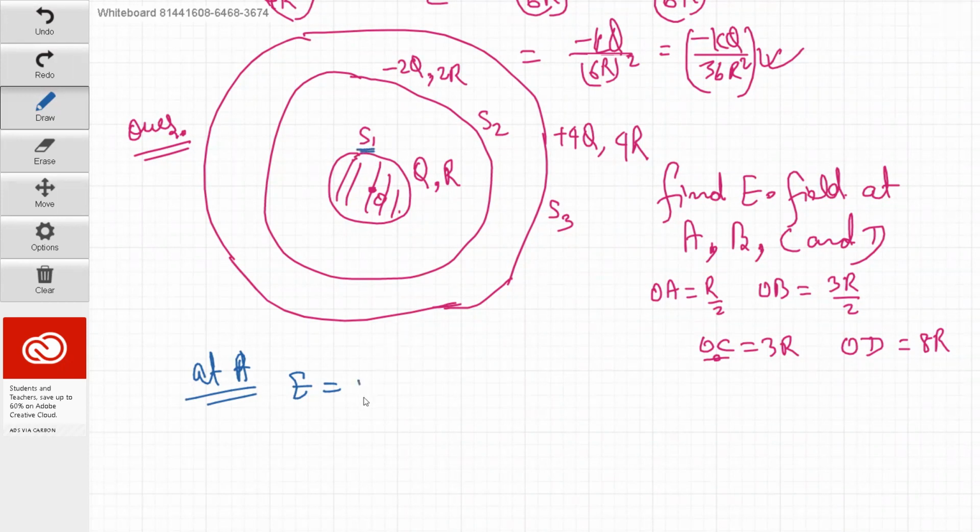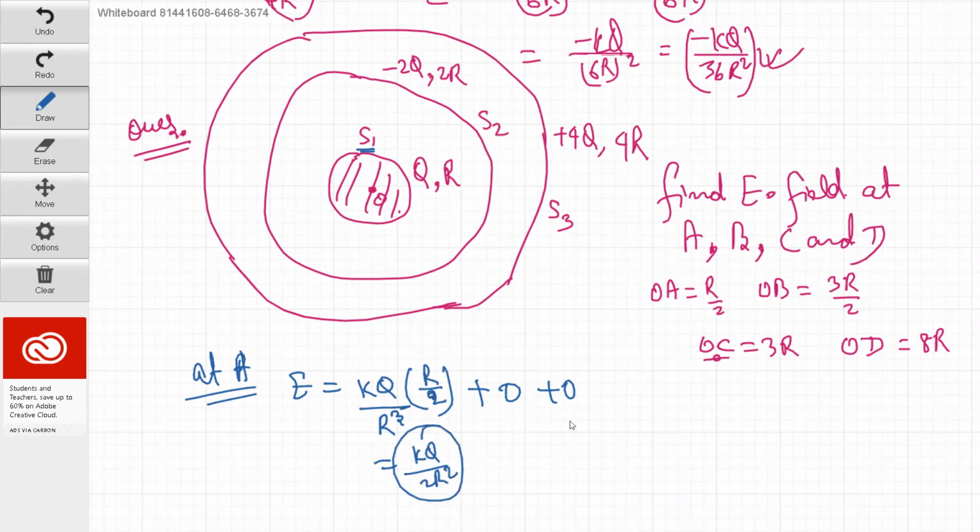So apply the formula KQ divided by R, small r is R by 2, divided by capital R cube, and S2 and S3 are outside spheres for point A. So its electric field will be 0, 0. Isn't it? We apply the solid sphere formula for inside point. So that is equal to K into Q by 2R square. Is this all right? This is the electric field at point A.